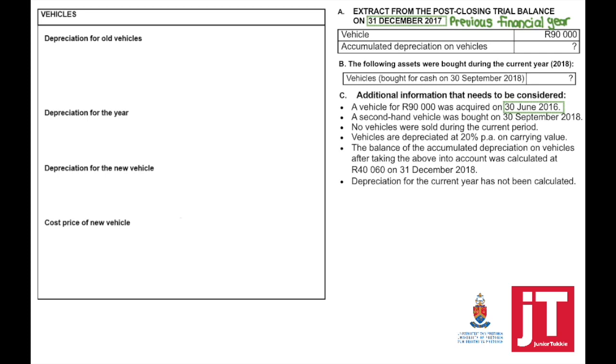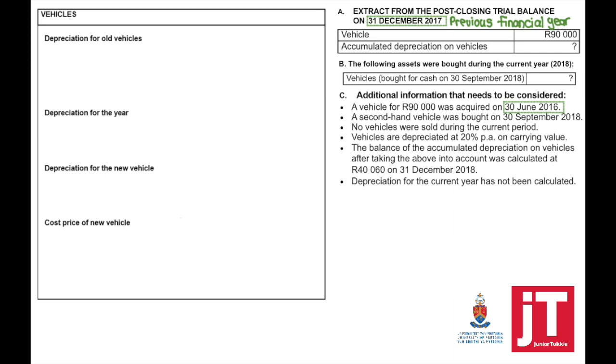There's a reason why they provided you with that date. Our current year is 2018. This means if you look at accumulated depreciation on vehicles, we will need to calculate the accumulated depreciation from the date that we've purchased that asset until the beginning of the accounting period, which is 2018.